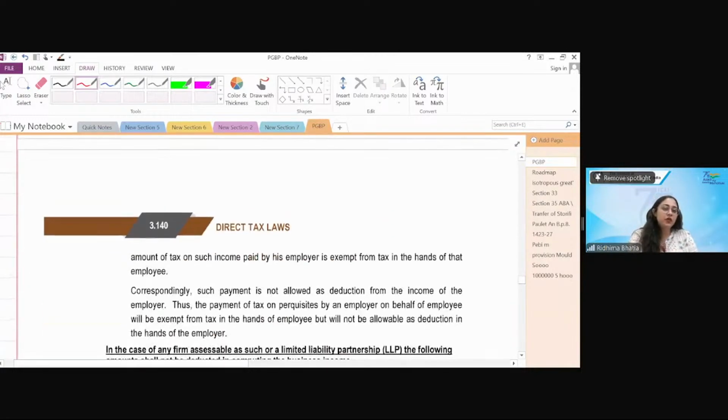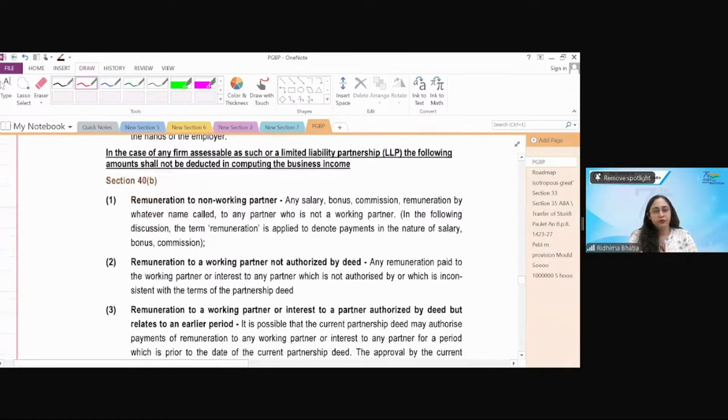Then we'll go to section 40 clause B. Have a look once, and if there is any confusion anywhere, let me know.